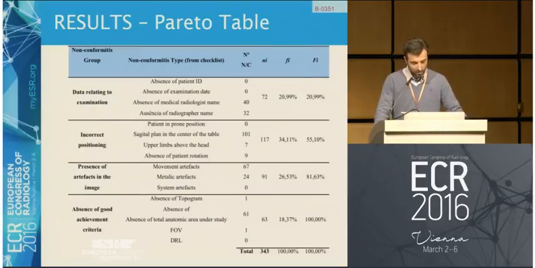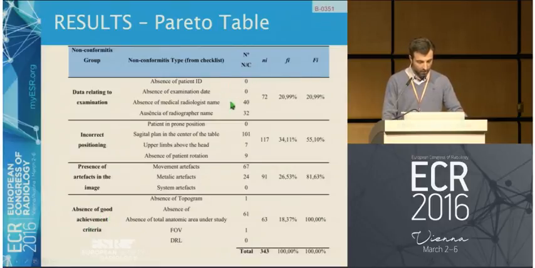As the result, the Pareto table of non-conformities groups, you can see we have four groups. One, according to the data relating to the examination; the other, incorrect positioning; the third, presence of artifacts in the image; and the fourth, absence of good achievement criteria.